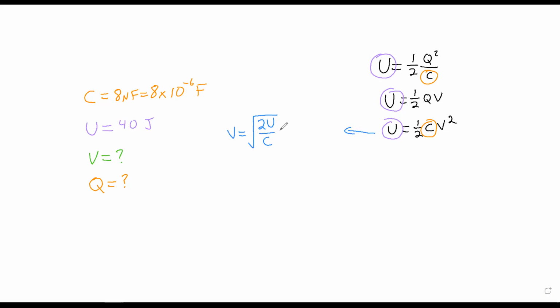So this is going to be equal to the square root of 2 times 40 joules divided by 8 times 10 to the minus 6 farads. And that's going to give me the voltage. Please do that calculation. And the other thing that I'm looking for is the charge.